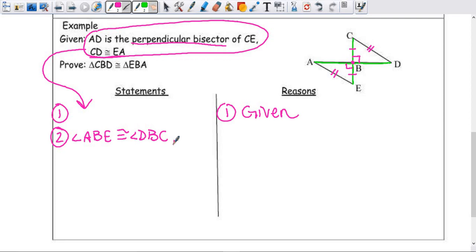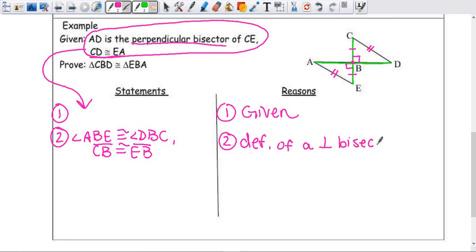I was also able to get that CB was congruent to EB, all from the definition of a perpendicular bisector. Okay, so all that information I was able to draw on my picture.